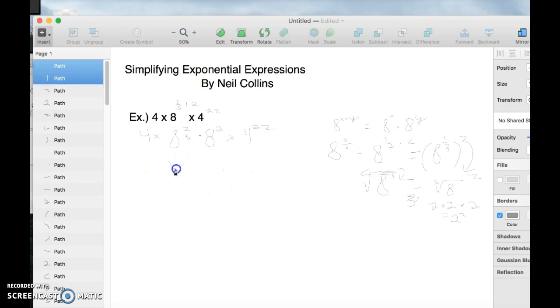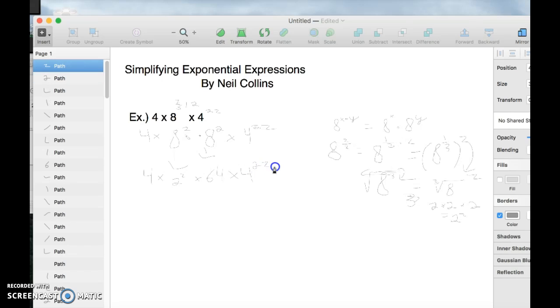That 4 stays the same, nothing to do with it yet. That 8 to the second power, 8 times 8, is 64. And we are still left with that 4 to the 2z.